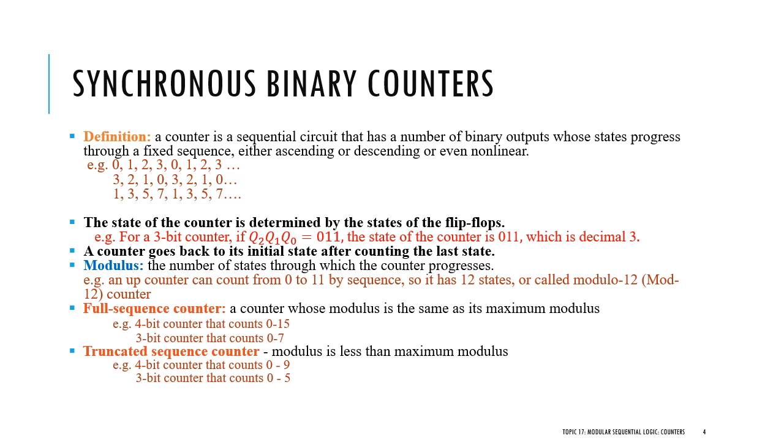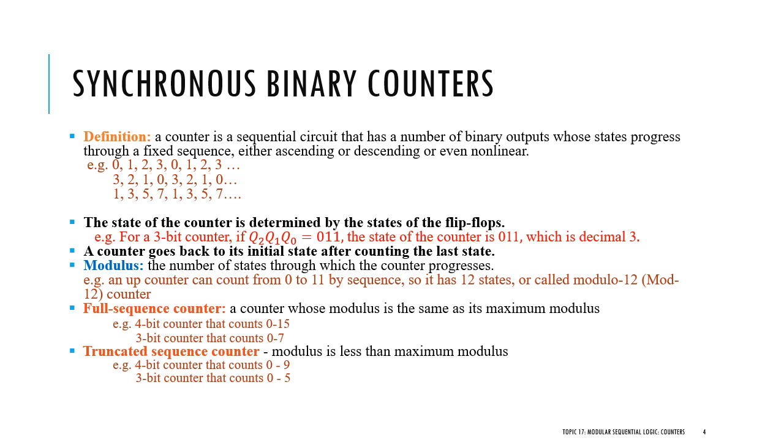For example, if we have a 2-bit sequential circuit whose output always shows 0, 1, 2, 3, 0, 1, 2, 3, that's a counter, right? But if the output shows 3, 2, 1, 0, 3, 2, 1, 0, it's still a counter. And even if it counts like 1, 3, 5, 7, 1, 3, 5, 7, it's a counter.